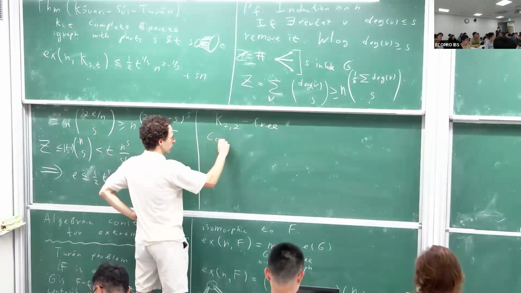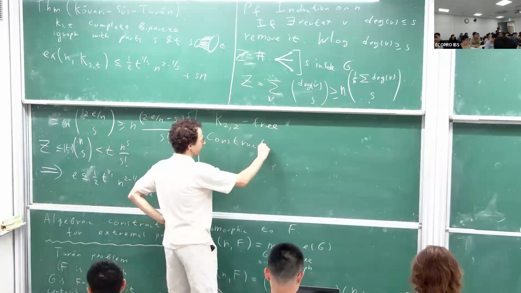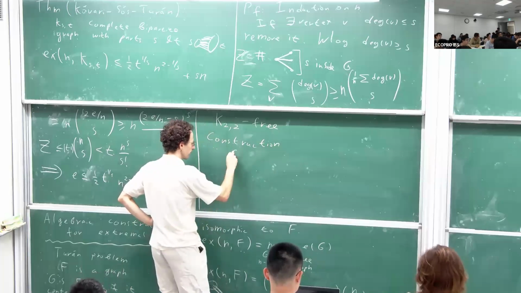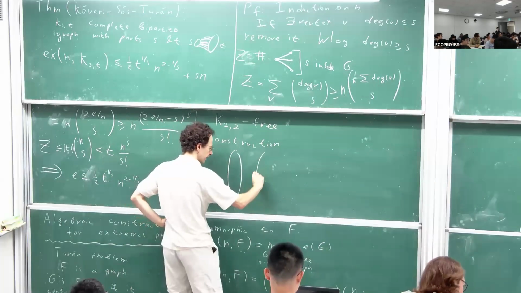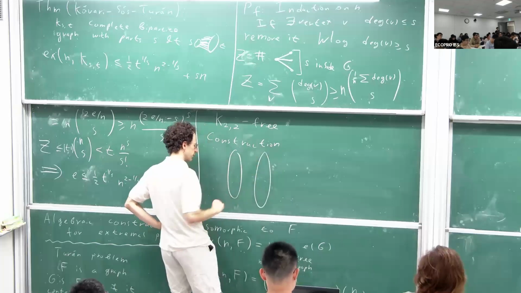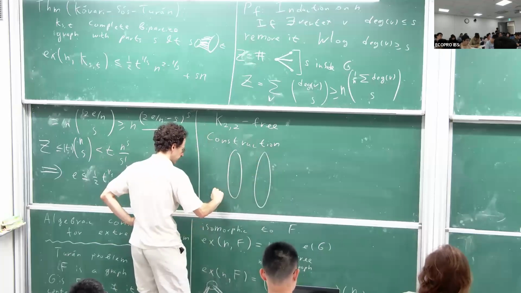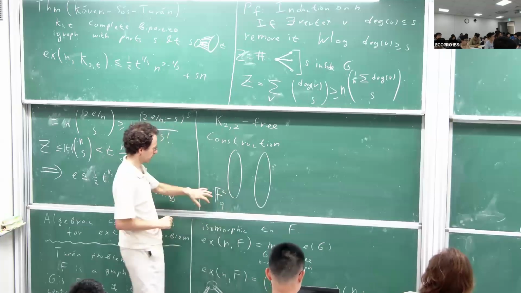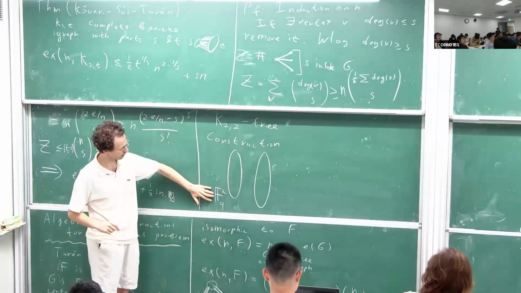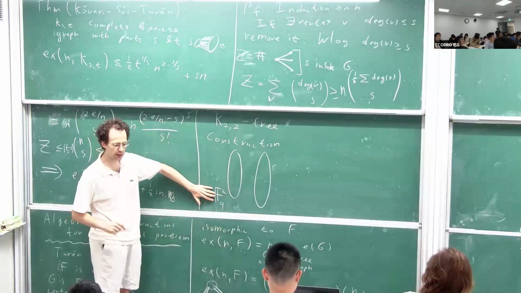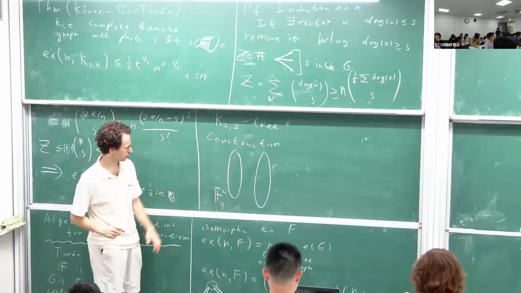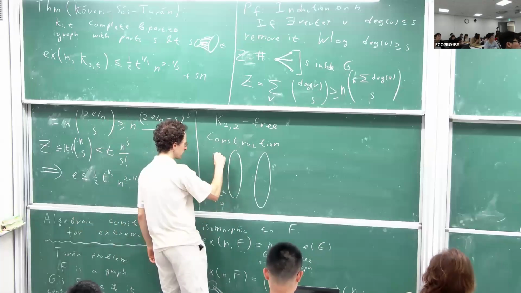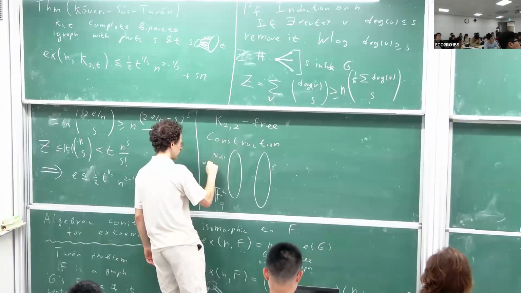So, the construction. I will make a bipartite graph. So the left part will be the plane over a finite field, so F_q squared. So these are points in a plane.